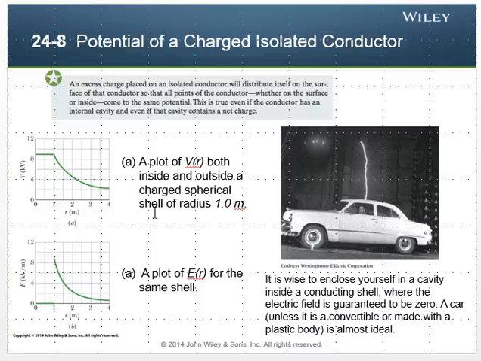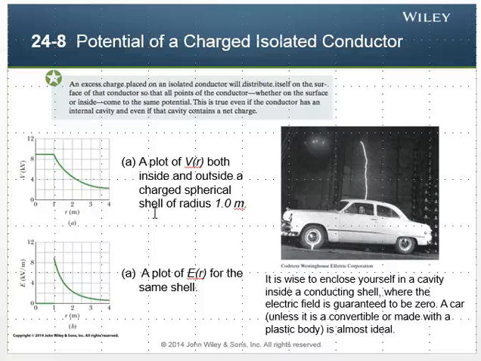The conductor is like a tabletop. It's a level surface, right? There's no gravitational field moving you around the tabletop. And since there's no gravitational field moving you around the tabletop, the potential energy is the same all over the tabletop.